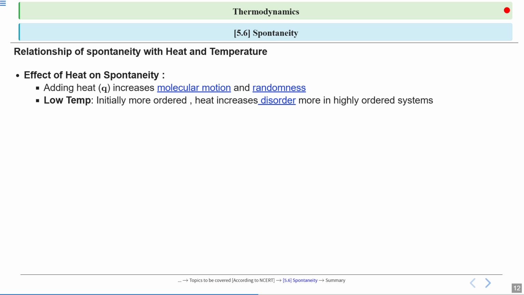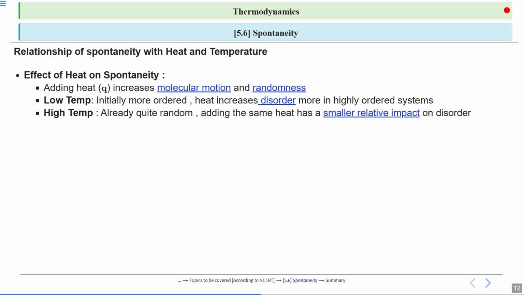Because your system is at a lower temperature. Your ice is present at 0 degrees Celsius. Therefore, when you apply heat, it quickly changes its state. So what you can say is that the effect of heat supplied is more prominent at lower temperature. Or you can also say that randomness increases more easily at lower temperature. Therefore, your entropy is inversely proportional to the temperature.